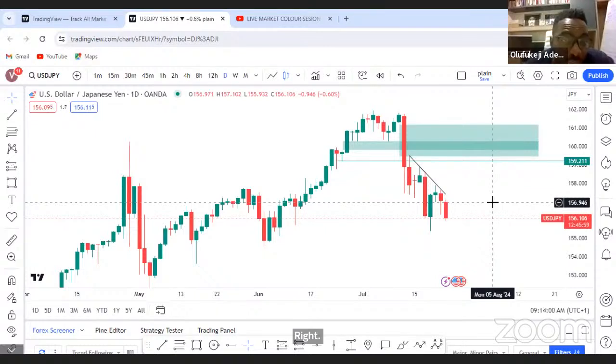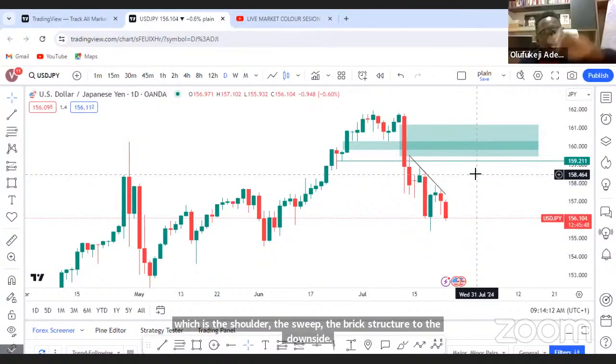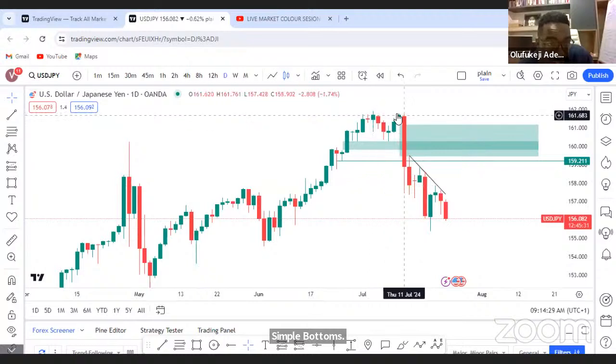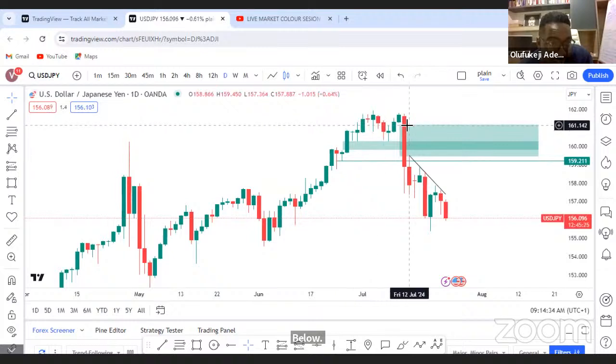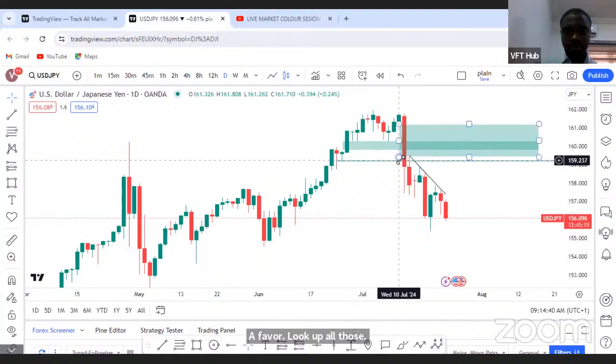Now, if this whole thing we have drawn here, which is the shoulder, the sweep, the break of structure to the downside, if it gets cleared, if price closes above it, especially those triple bottoms. That 1, 2, 3, 4, those wicks below, the wicks that were taken out by that red fair value gap, all those wicks that were taken out, the wicks above the IFVG.